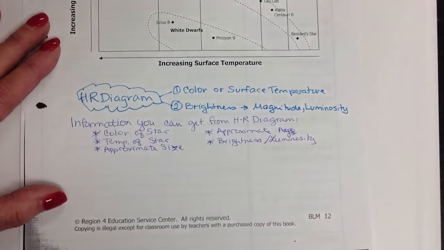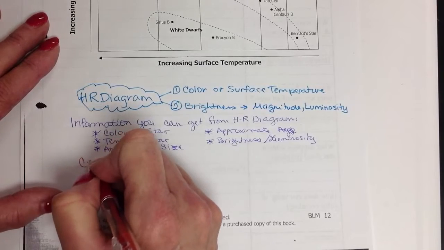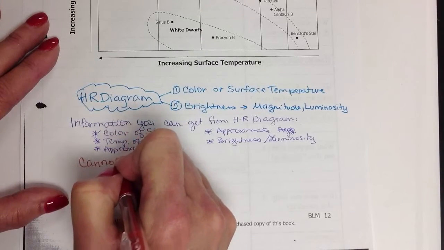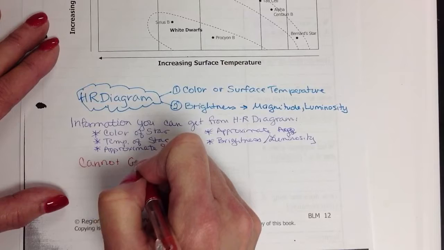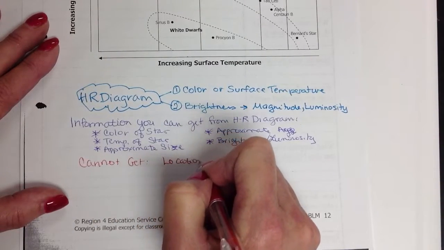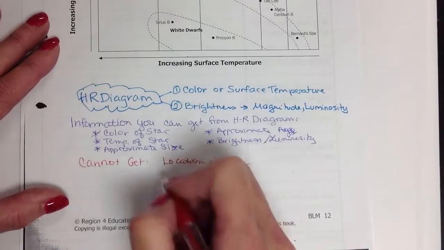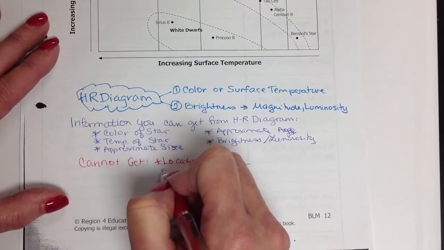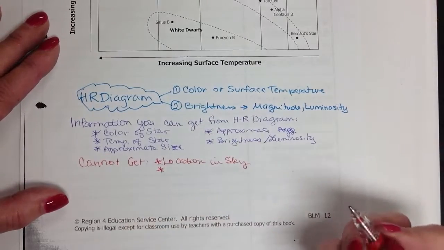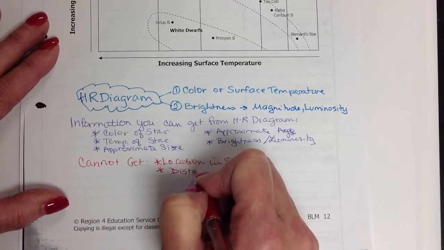Okay, what can you not get by utilizing the HR diagram? Well, you cannot find out where to look for it in the sky, so you cannot get location in sky. And you also cannot get how far the distance is from our planet or our solar system. So you cannot get distance from us.